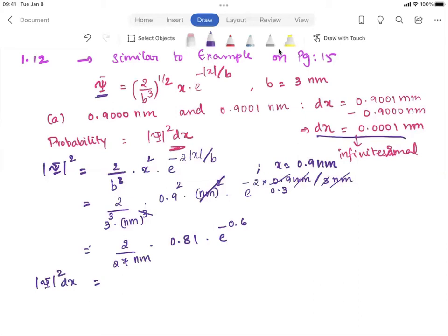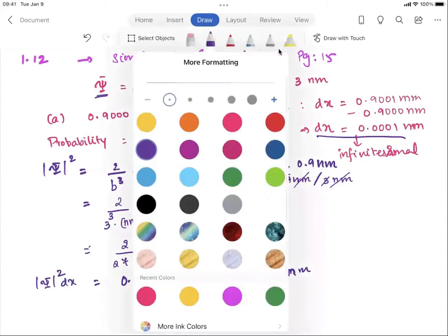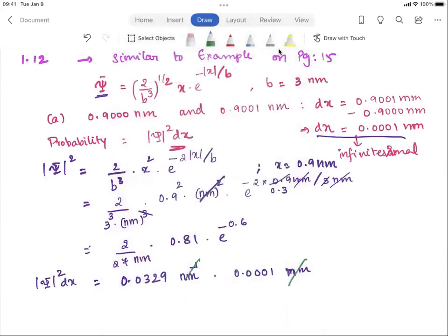So I get 0.0329 nanometer inverse times dx, which is 0.0001 nanometers. I'm going to cancel these two, and I will end up with the probability of 3.29 times 10 to the negative 6. So that will be the probability.